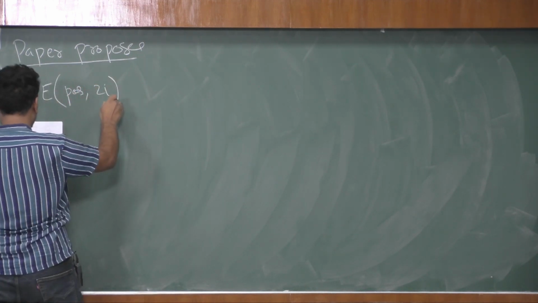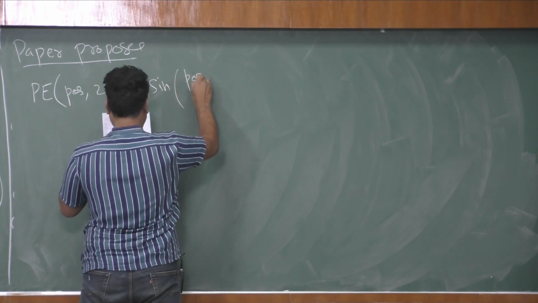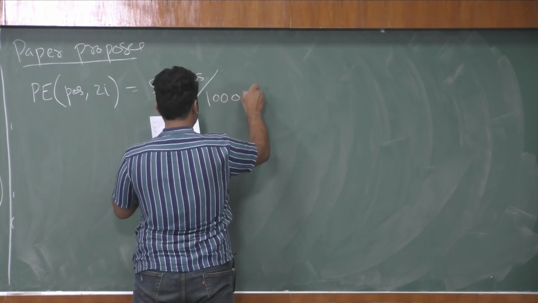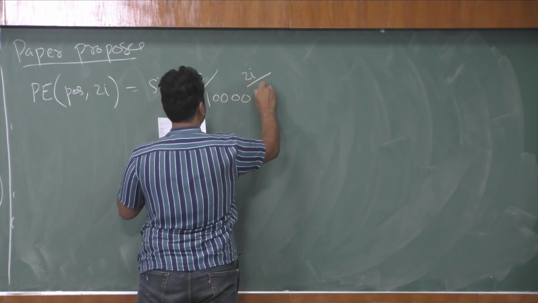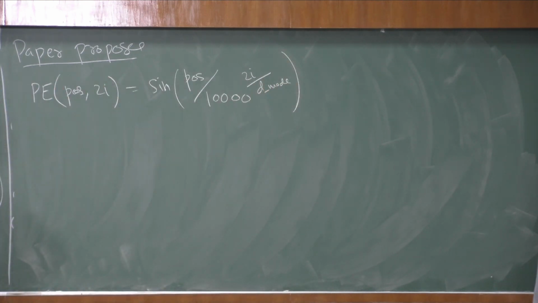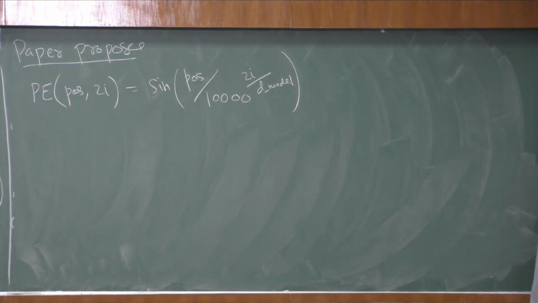Positional embedding PE of (POS, 2I) will be sine of POS divided by 10000 to the power 2I divided by D model. Remember, D model in our case is 512. They call it model size 512 because it remains 512 throughout, right? Multi-head attention also produces 512 after concatenation and so on.